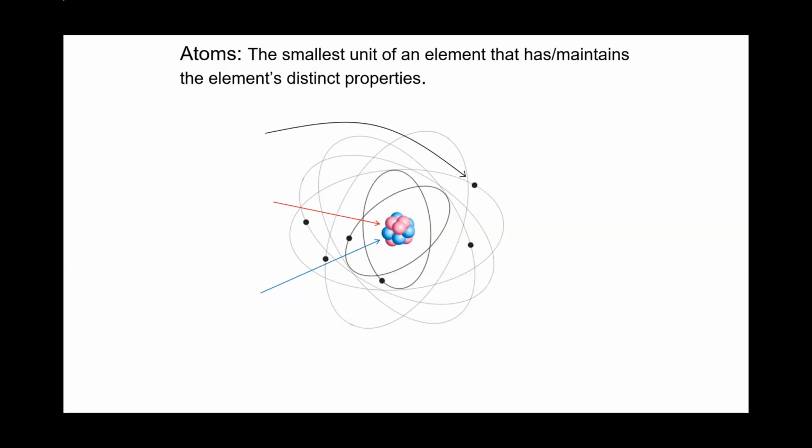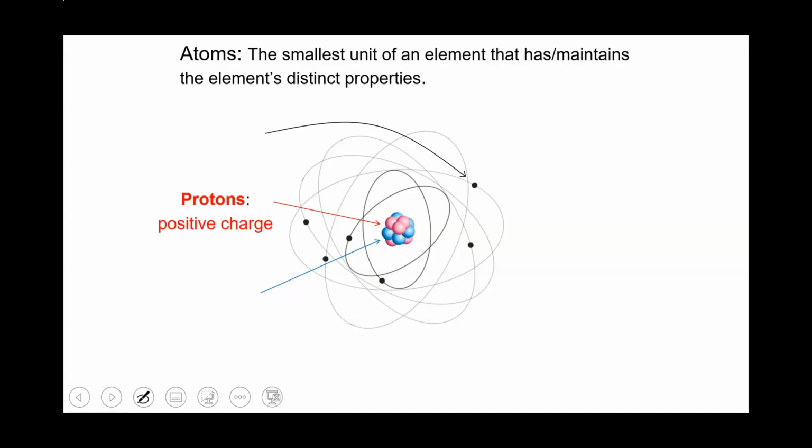Keep in mind these atoms are infinitesimally small. We cannot see atoms, not even with the most powerful microscope. But these atoms are made of 3 smaller particles, and each one of these particles has an electrical quality or characteristic to it.